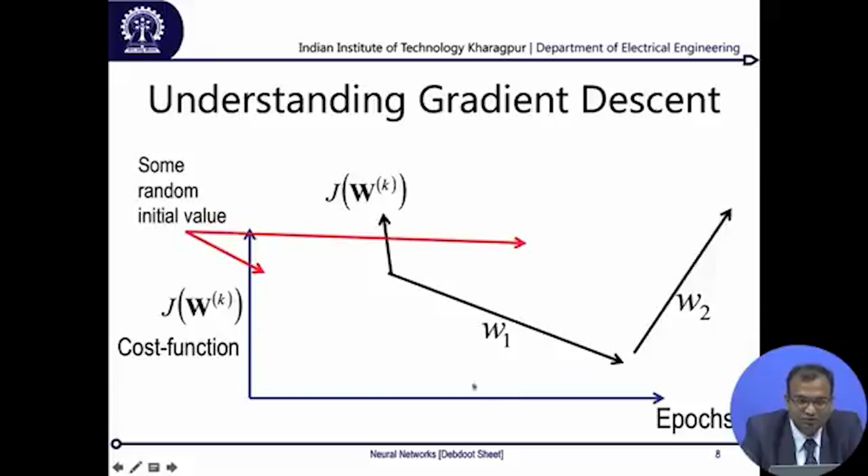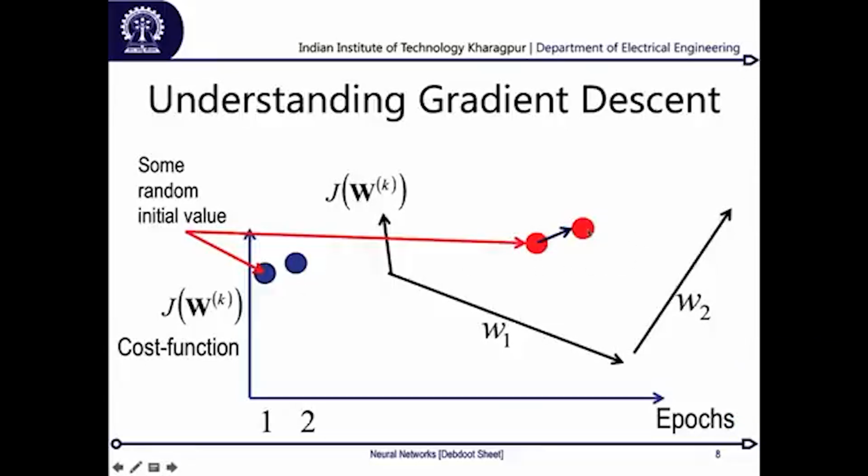We have just two plots over here, and we are going to look into both plots simultaneously. At the first epoch I have this initial guess where I start, which is a pure random guess. Based on that I am going to update. So I actually got an increase in my cost function, and here I am going to change my position appropriately because my W's are also going to change, so it's a different combination of W's. Now from there I move down to another position.